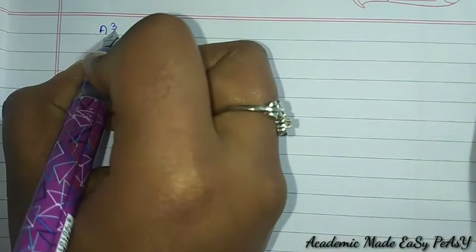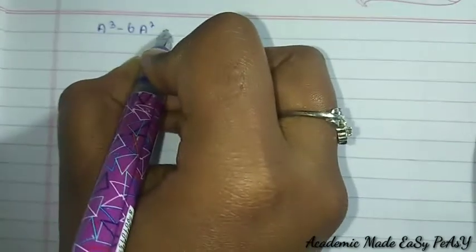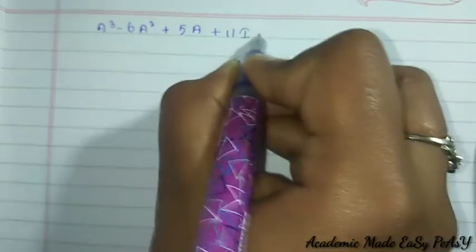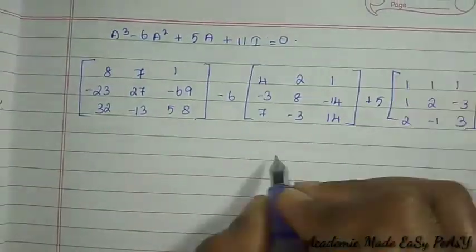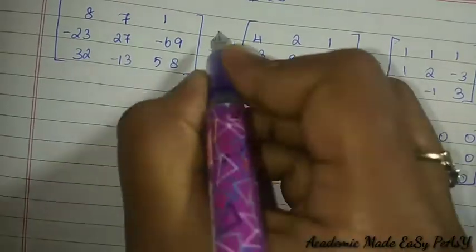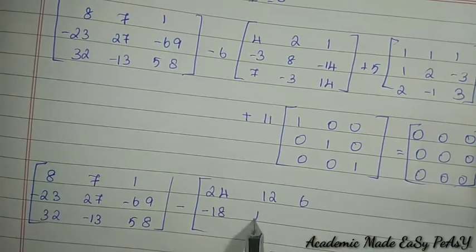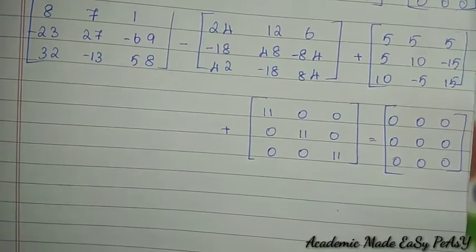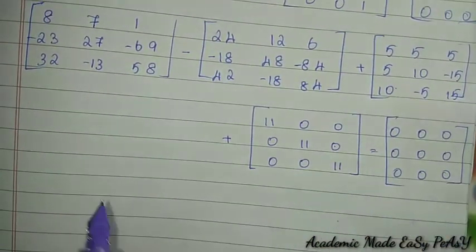So now I'm going to substitute in the equation. A cube minus 6A square plus 5A plus 11I is equal to 0. Now I will be multiplying these numbers inside, and then I will be adding these three.